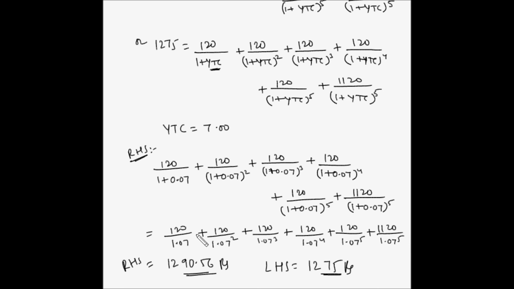Now in order to reduce the right hand side, we have to increase the denominator. So instead of 7, let's now take 8. And let's then calculate the right hand side. So we'll enter yield to call as 8.